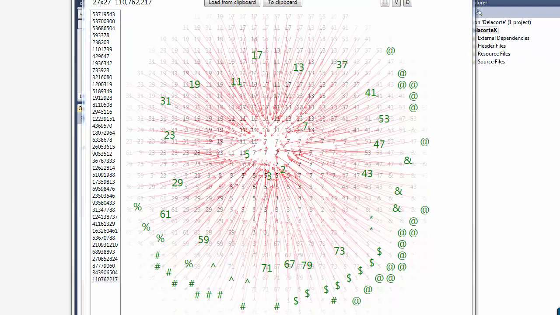So one way to find the total score of the Delacorte grid is to find the centers, not of just the prime numbers, but of all the factors. And then for each number, let's say for the number 11, you can assign a score for each position on the grid.